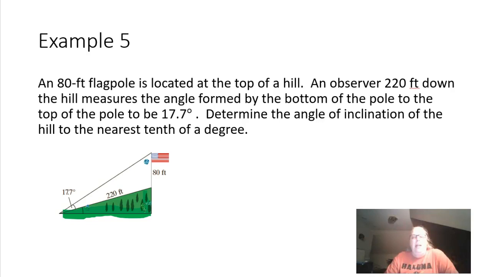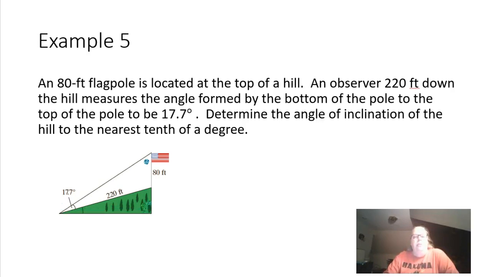This is going to be a right angle because the flagpole, we hope, is planted at a perpendicular, and this perpendicular is continuing down to the bottom of the hill inclination. All right, so we have a right angle. That will give me this entire angle over here, and if I want just the part that's in the green triangle, I'll subtract off the extra 17.7 degrees, and I'll have my angle of inclination. All right, so that's our plan.